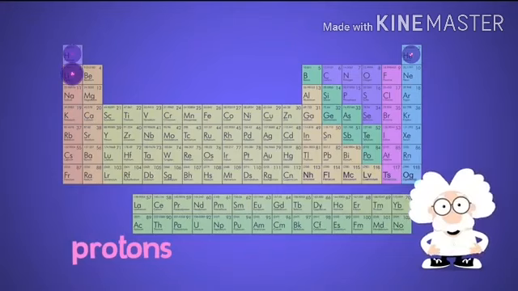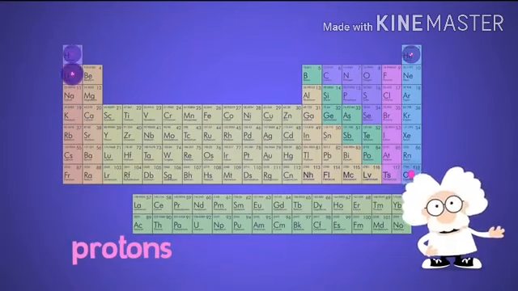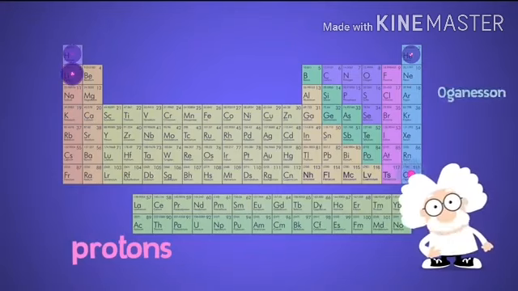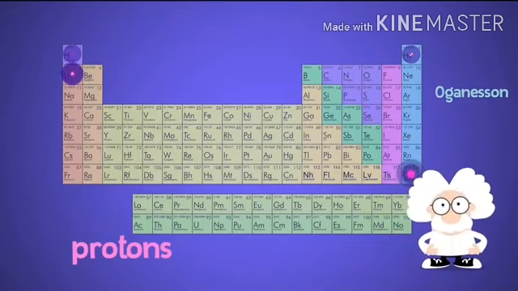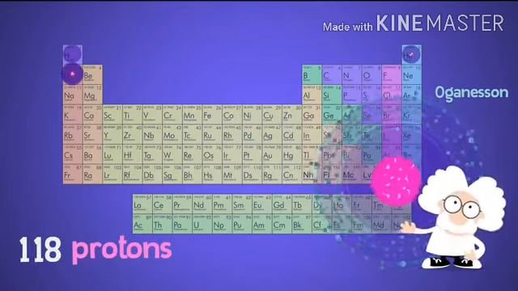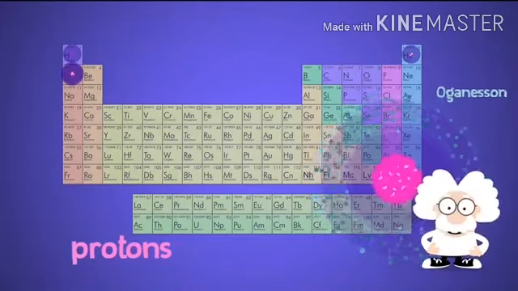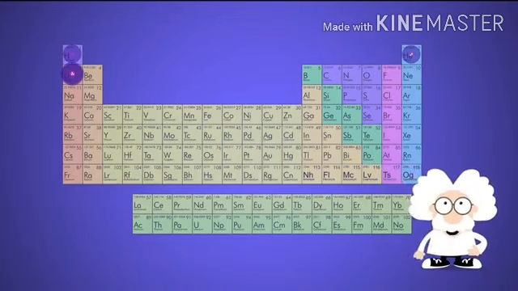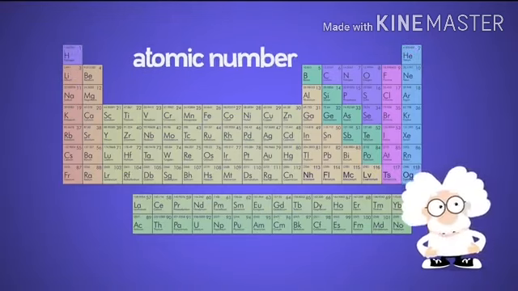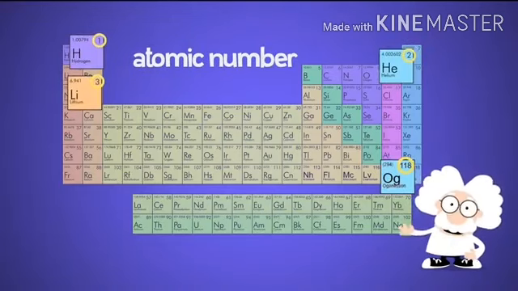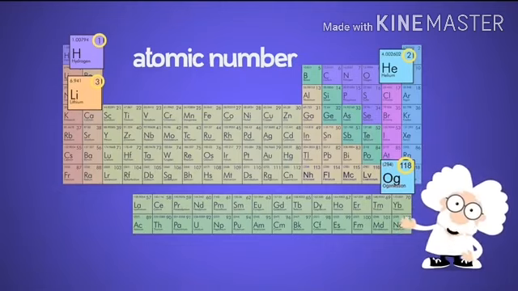This goes on all the way up to the 118th element, oganesson, which has, that's right, 118 protons in its nucleus. By the way, the number of protons in an atom is also called its atomic number, which you can see here on the periodic table of elements.